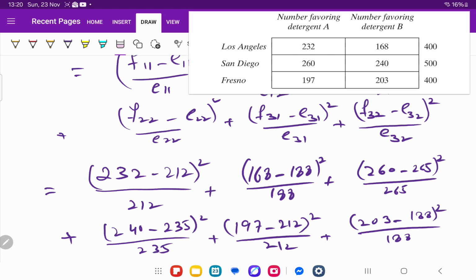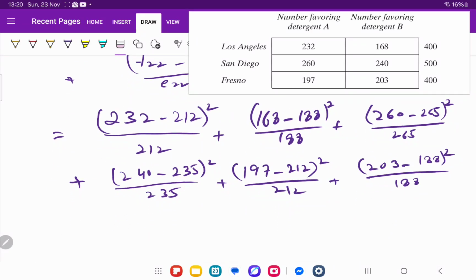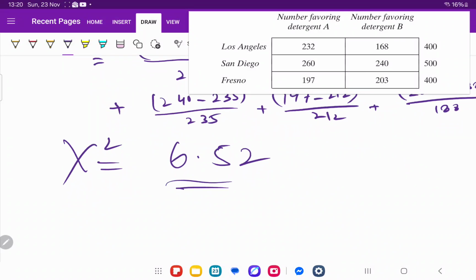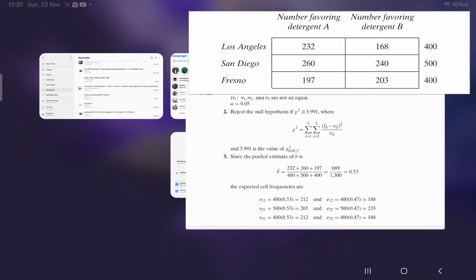Okay, so now we'll solve all these numbers, and we get 6.52, so that is the value of the chi-square. Now we'll be looking into the chi-square table to decide whether or not to reject the null hypothesis.